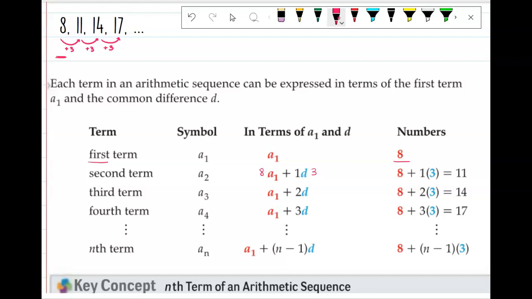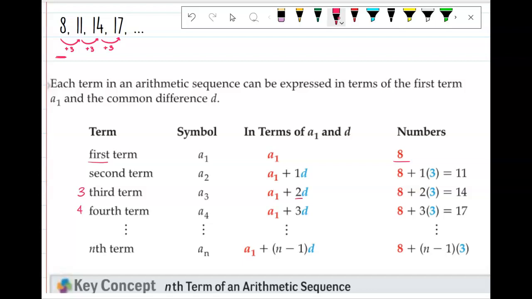So you can see here, based on the pattern that we're creating, we always start with the first term, and then on the second term we add 1 difference, the third term we add 2 differences, the fourth term we add 3 differences. The number of differences that we add for each term is 1 less than the term we're on. When we're on the 4th term, we add 3 common differences. When we're on the 3rd term, we add 2 common differences.